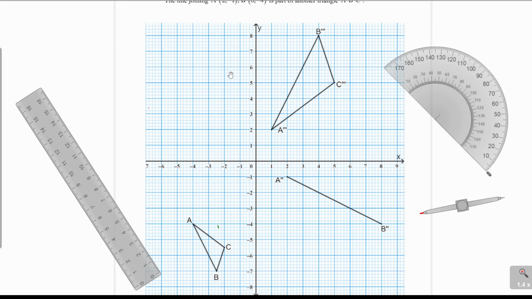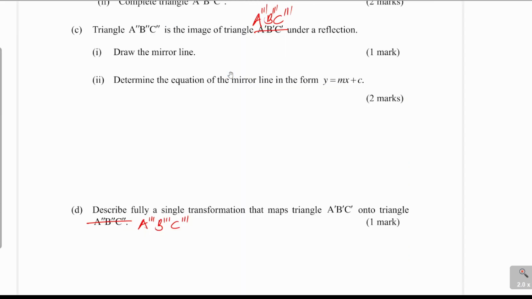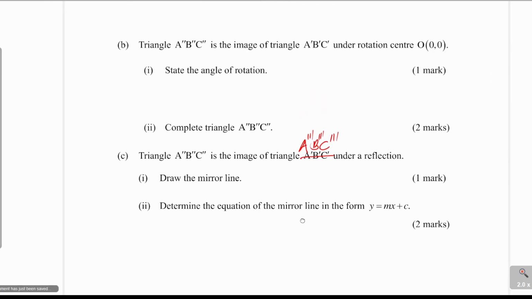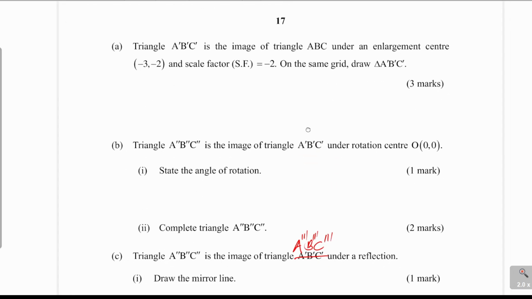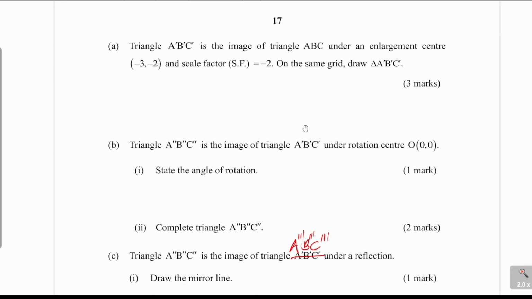So let's go to the first question. So the first question, that is part A. Triangle A prime, B prime, C prime is the image of triangle ABC under an enlargement, center (-3, -2), and scale factor -2.